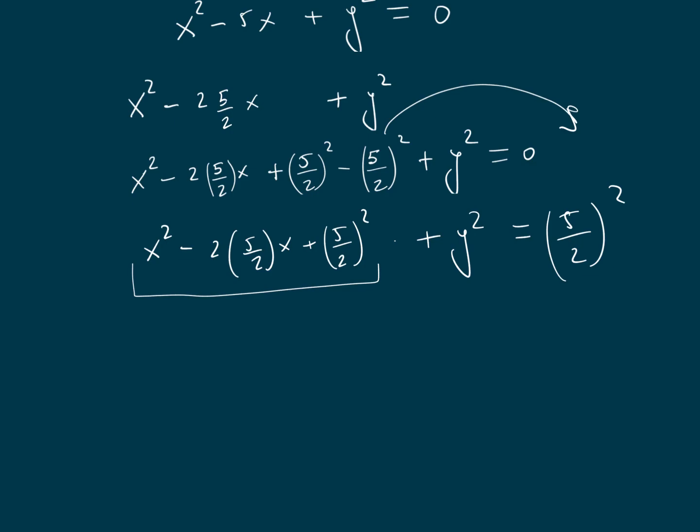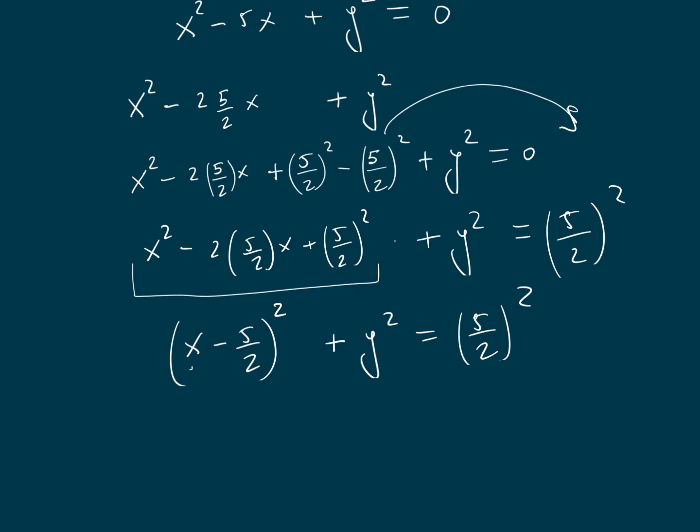I have completed the square, because this is x minus 5 divided by 2, squared. This is the square of the first, x squared, plus the square of the second, 5 divided by 2 squared, minus 2 times the first by the second. So I would write this equation as x minus 5 divided by 2 squared plus y squared equals 5 divided by 2 squared. And what is this equation?